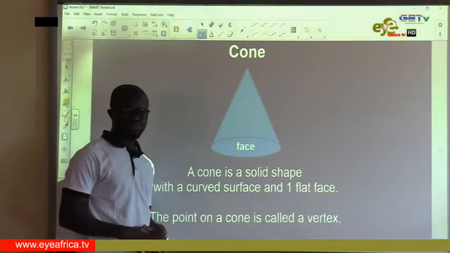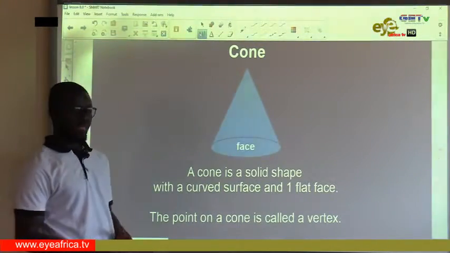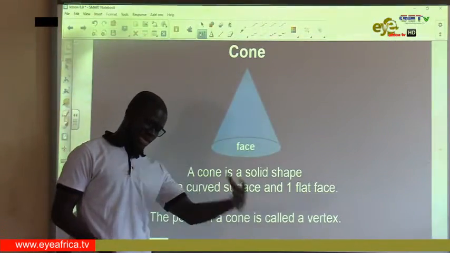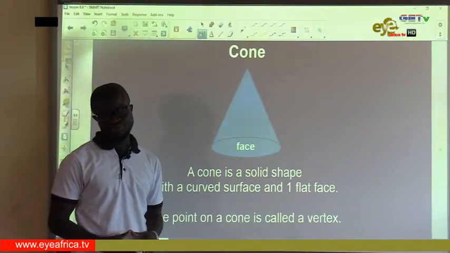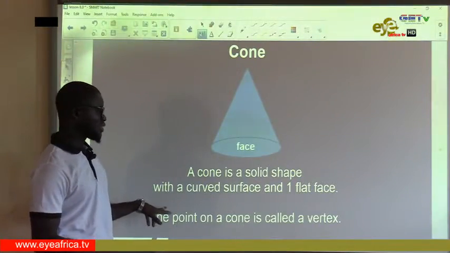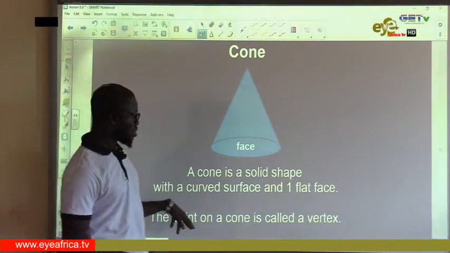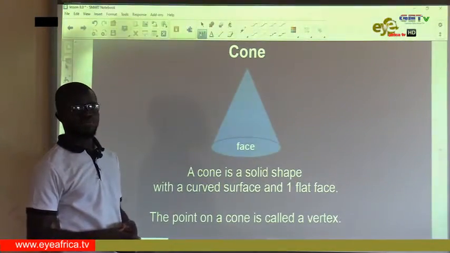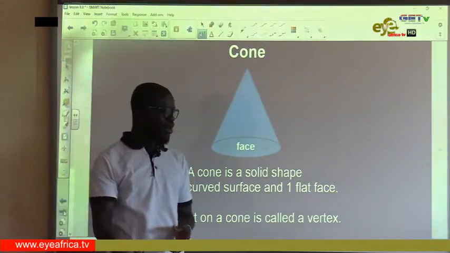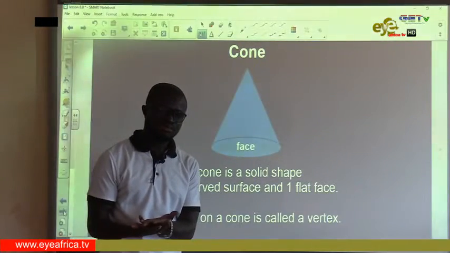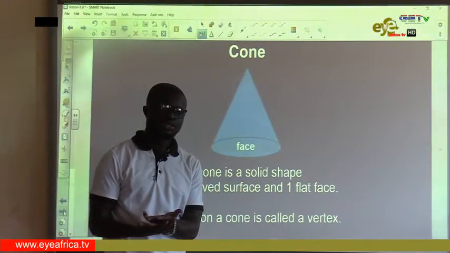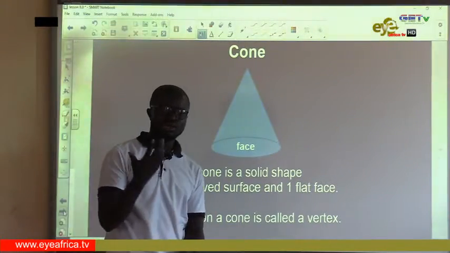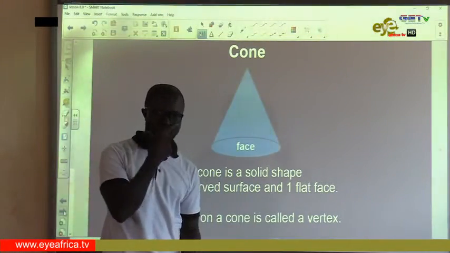Properties of a cone. The properties of a cone are a little bit different from that of a cube and a cuboid. The first property is a cone has a curved surface with one flat face that forms the bottom, the part on which the cone normally rests.